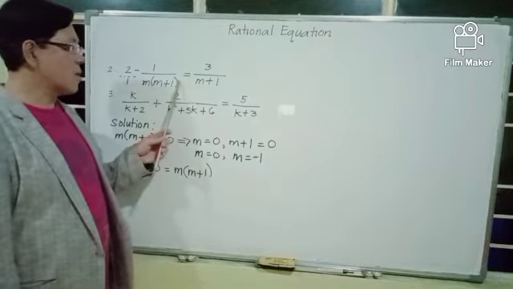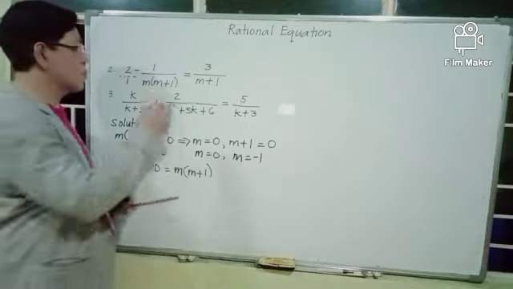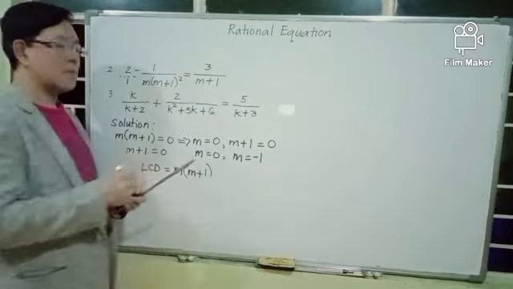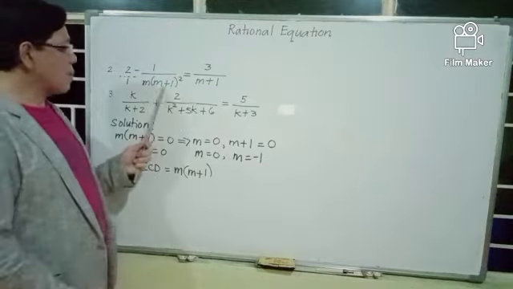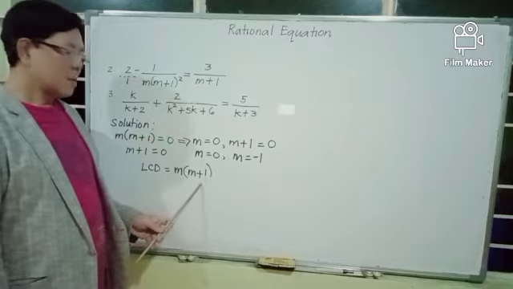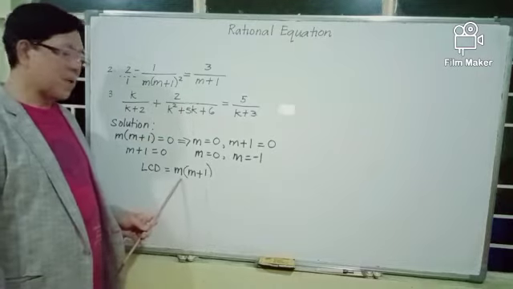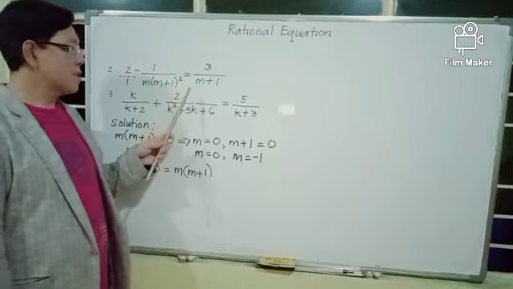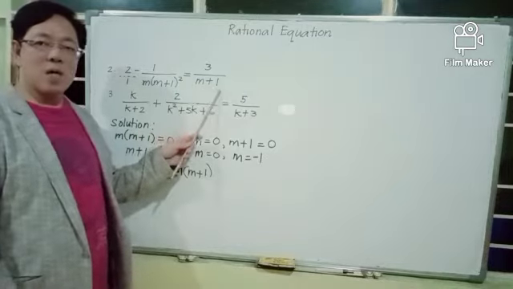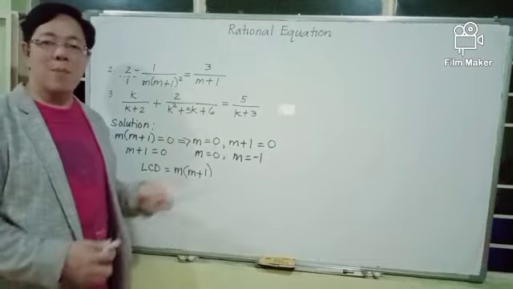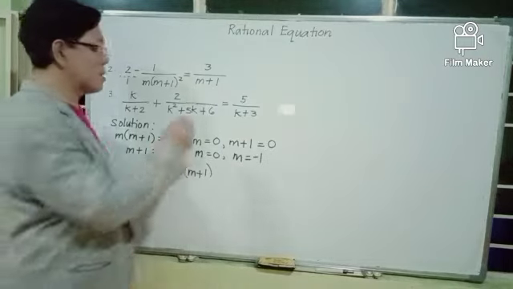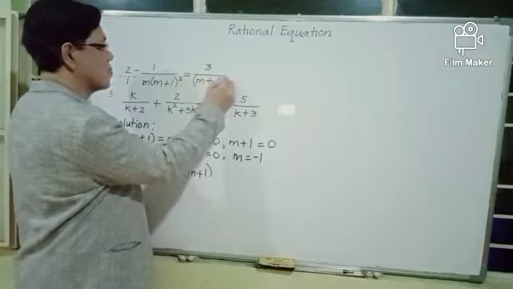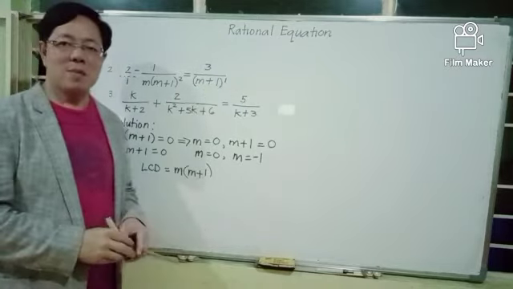Supposing that the exponent of m plus 1 here is 2, you take m plus 1 for the LCD, multiply that by m, but you take the higher exponent of m plus 1. The exponent of m plus 1 here, as I said, if you take m plus 1 as one quantity, is 1.